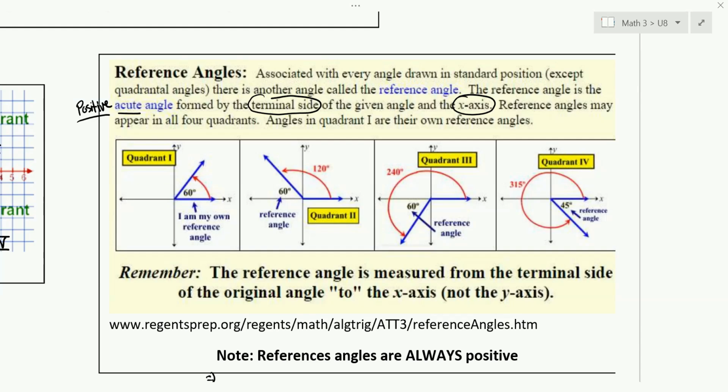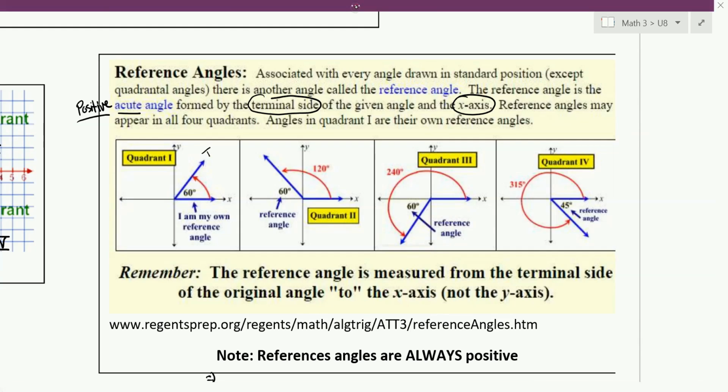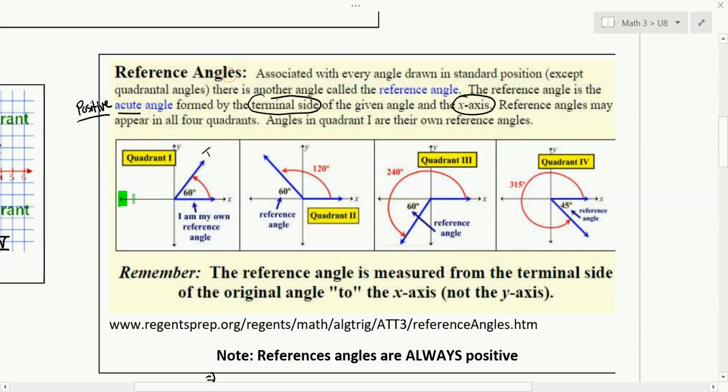Reference angles may appear in all 4 quadrants, and there's 4 examples here. In quadrant 1, I'll put T here for terminal side, and then here's our x-axis, I'll highlight. You're looking at the angle between that terminal side and the x-axis.